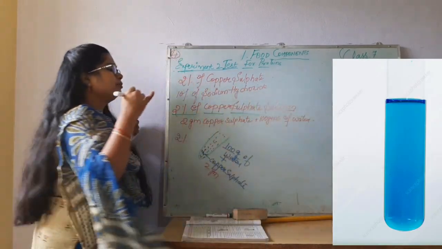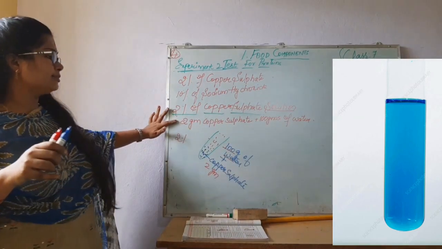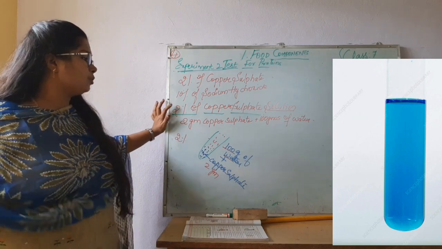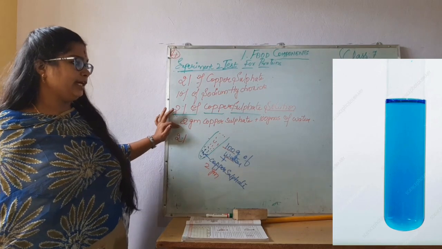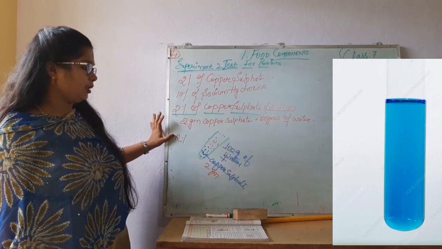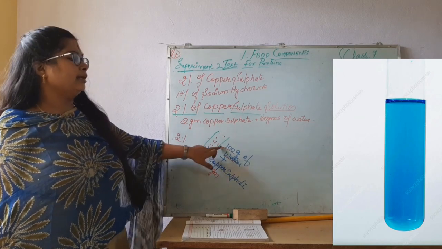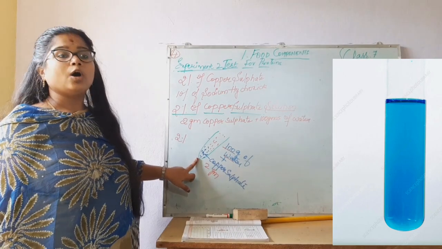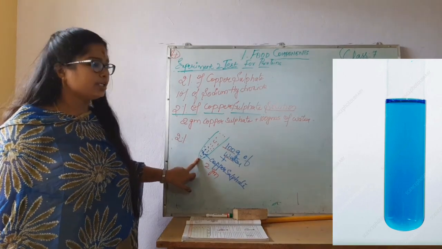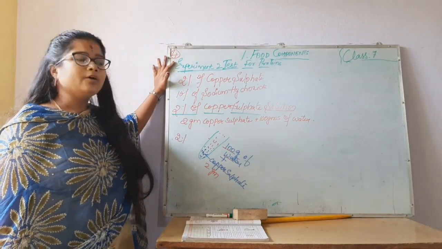Solution is nothing but which is in a watery form, you can say liquid form. So 2 grams of copper sulfate added, 100 grams of water added to make a solution, 2% copper sulfate solution. Why are you making this? To test proteins in the food item.